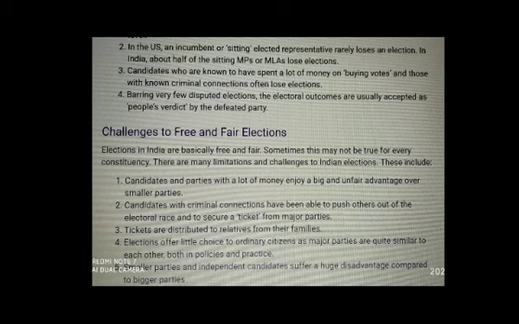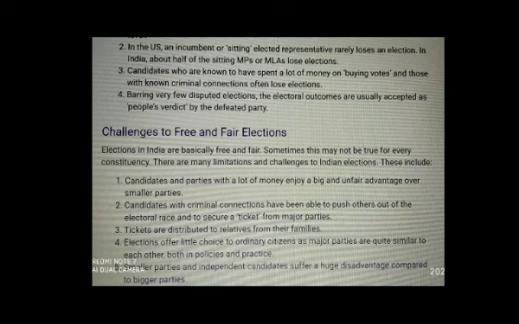These include, first one, candidates and parties with a lot of money enjoy a big and unfair advantage over smaller parties. Second one, candidates with criminal connections have been able to push others out of the electoral race and to secure a ticket from major parties. Third one, tickets are distributed to relatives from their families.